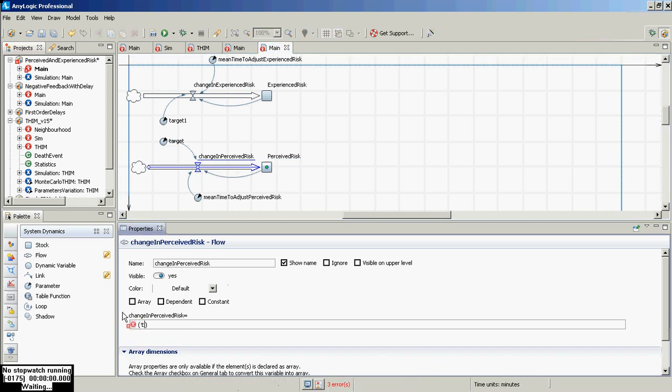Here we have target minus perceived risk divided by mean time. That tells us how quickly this is going to change in response. If it changes quickly, perceived risk will quickly follow target. Otherwise, it won't. Okay. So is everyone comfortable with that?